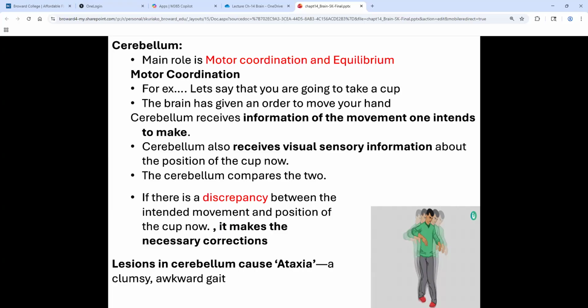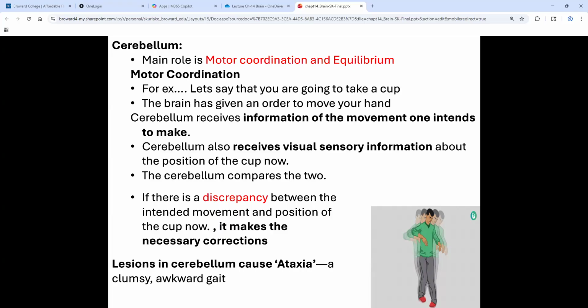It comes from the cerebrum. Which part of the cerebrum? There is a motor cortex, okay? It's called the precentral cortex. That is where the impulses come from, the precentral cortex.